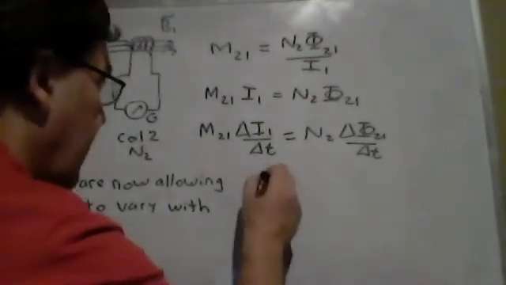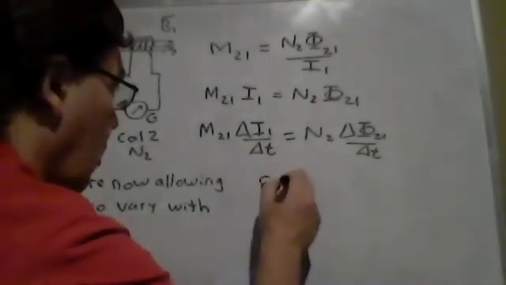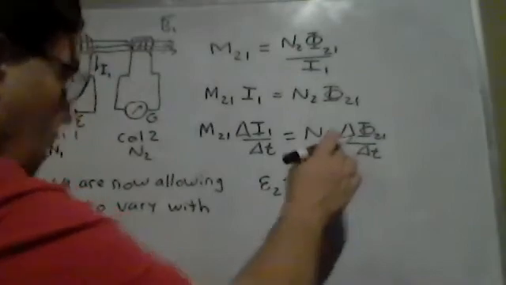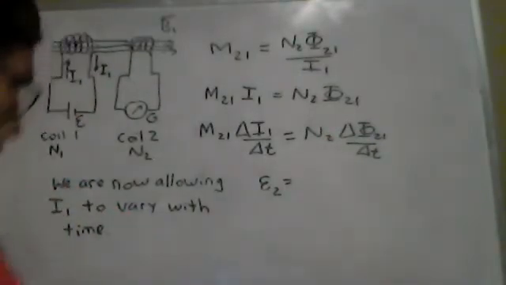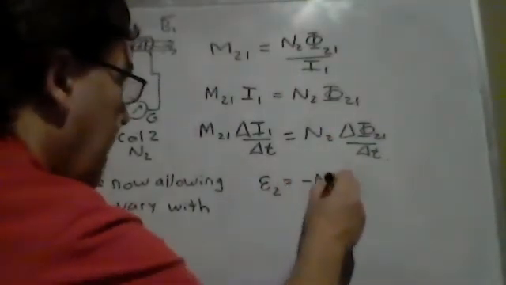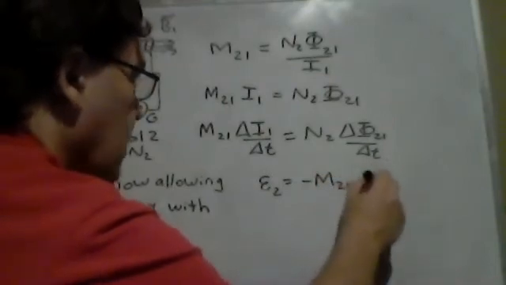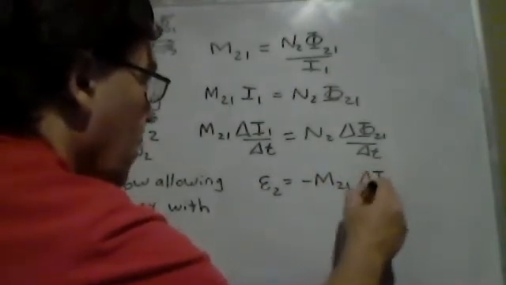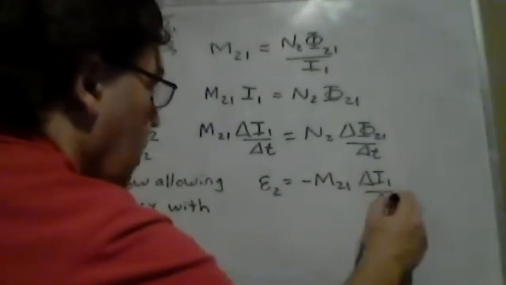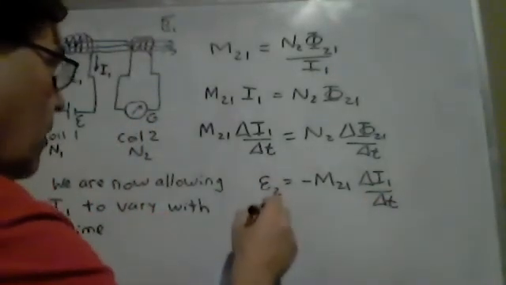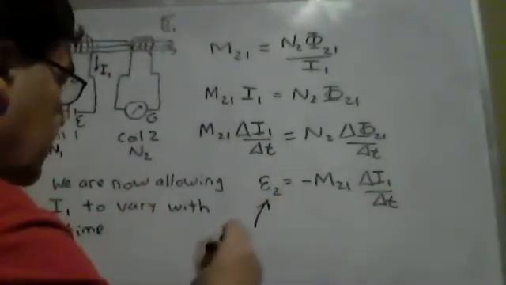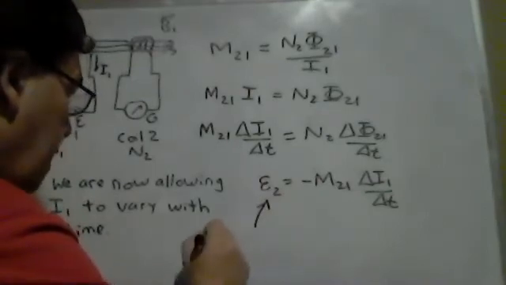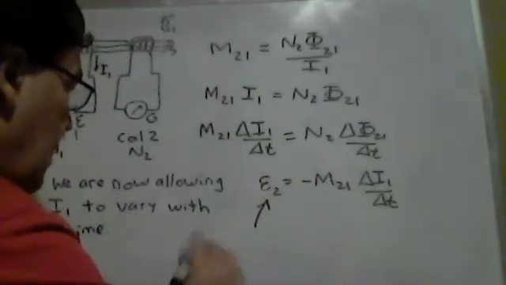So we'd say that the EMF set up in coil 2 right here will be negative M21 delta I1 with respect to t. Again, this is the EMF induced.